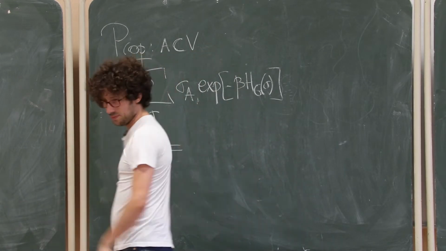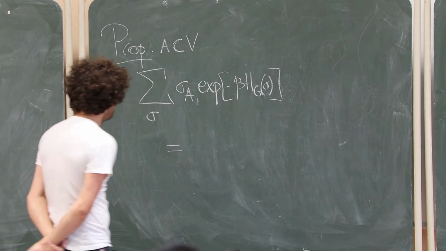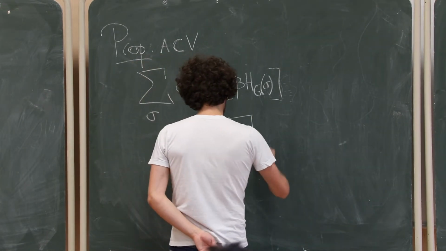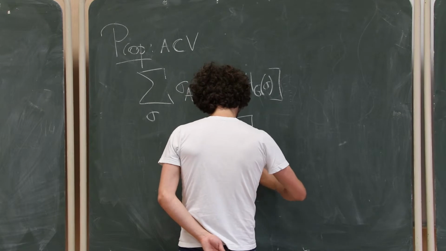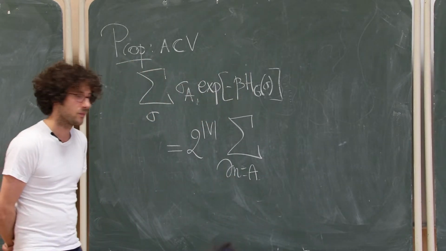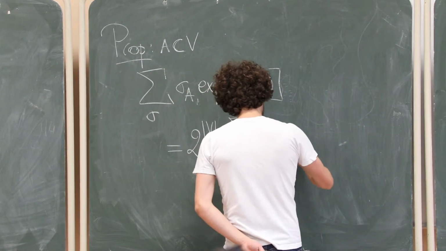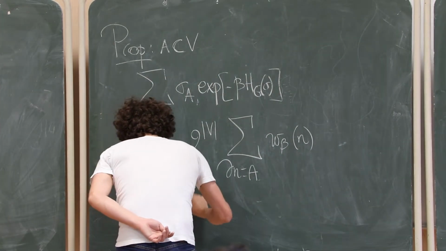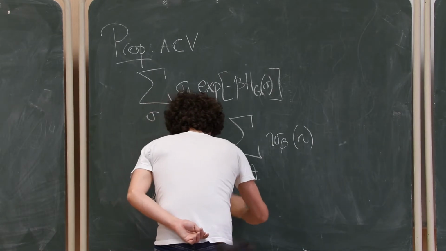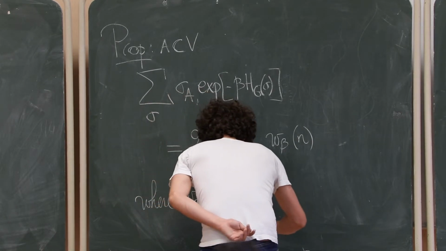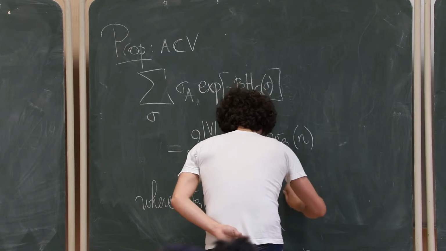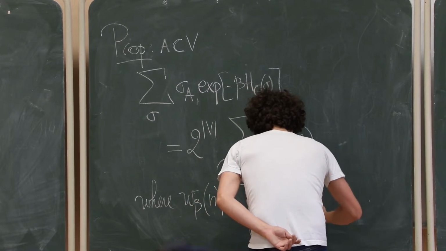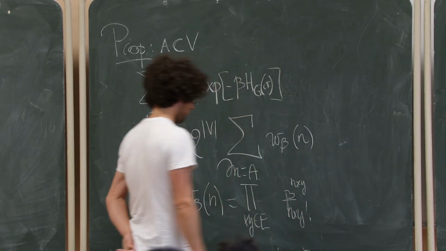This is equal to 2 to the number of vertices in my graph times the sum over currents with sources A of w_beta of n, where w_beta of n is the product over every edge in my graph of beta to the n_xy over n_xy factorial.